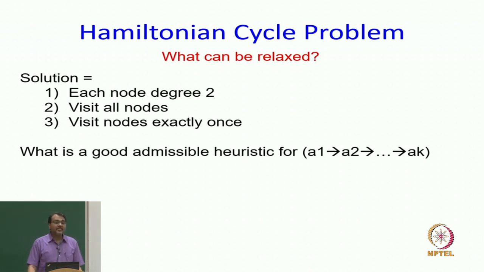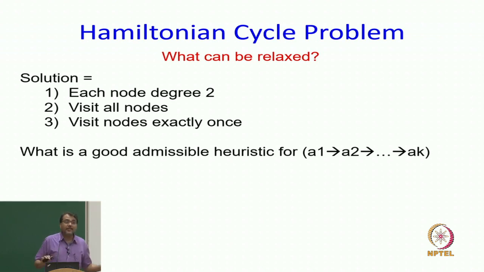So, any suggestions on heuristics? What if I get rid of visit all nodes? What heuristic can you create? Let us do reverse: start from AK and end on A1 with any path, using the remaining nodes.